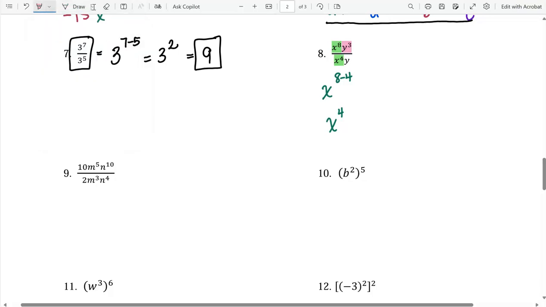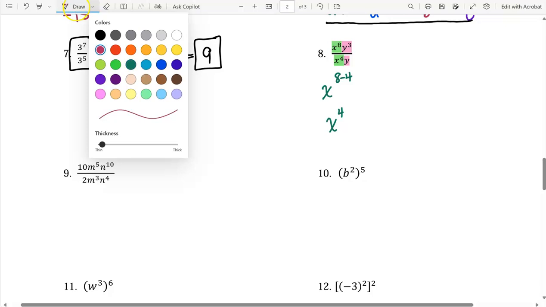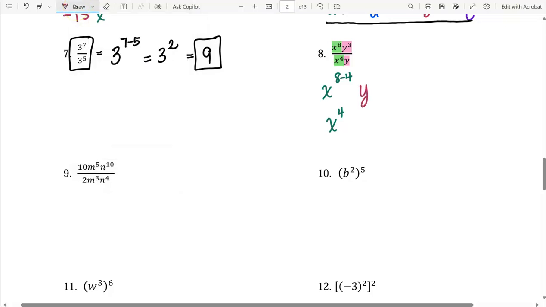Then I can look at my y's. Because those are the same base, I can write that y one time. Top exponent is 3. Divide tells me to subtract the 1 that's on bottom, leaving me y squared left over. Together, there is my simplified result.